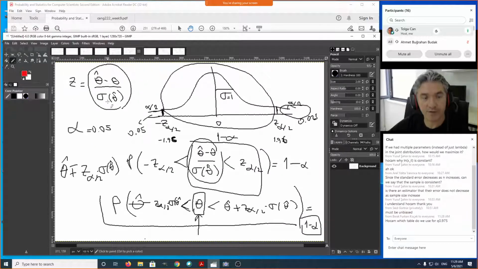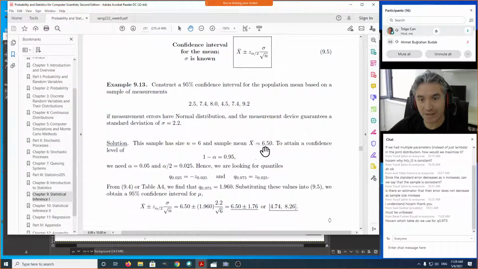Where do I have it? Yeah, right here. By showing that our estimator is asymptotically normal, for a large n, we always use the standard normal table to get those quantile values. It's the Z table that we use. The Z is the standard normal table.